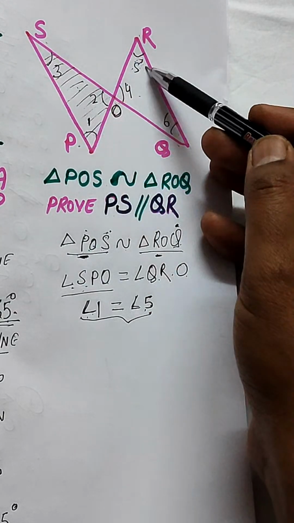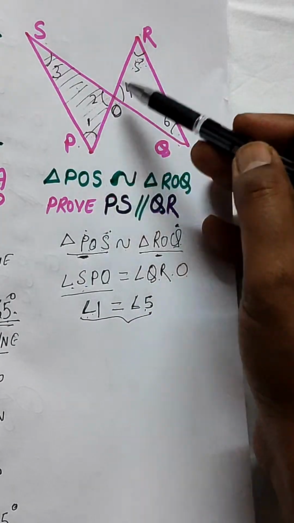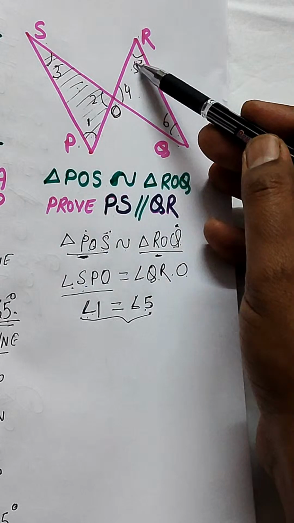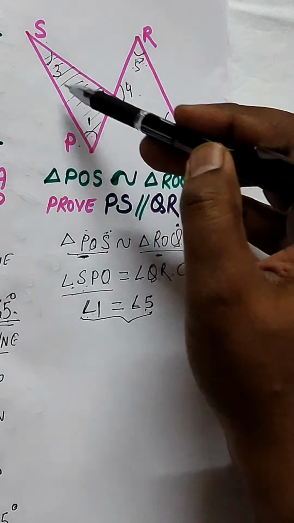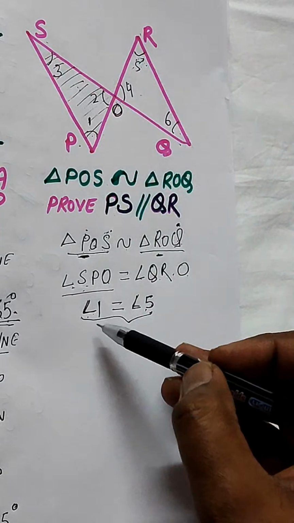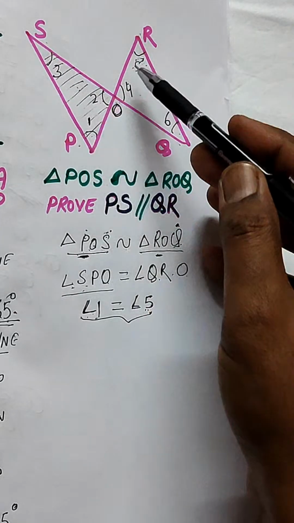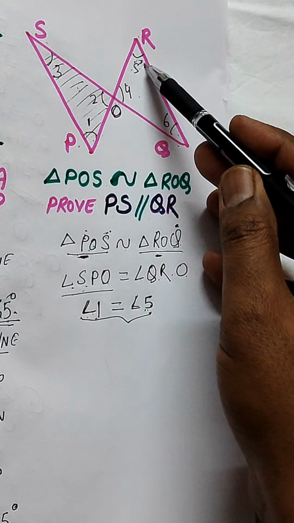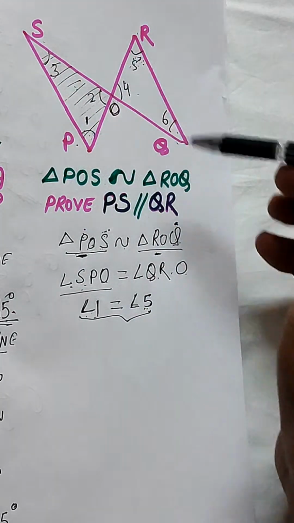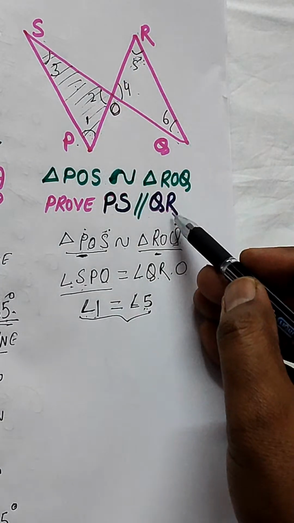In the reverse way, if the alternate angles between two lines are equal, then definitely these lines must be parallel to each other, right? So since angle 1 equals angle 5, these alternate angles are equal, that means PS is parallel to QR. So in this way we have proved it.